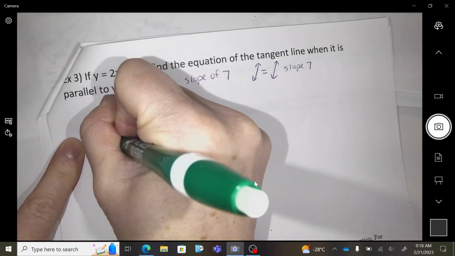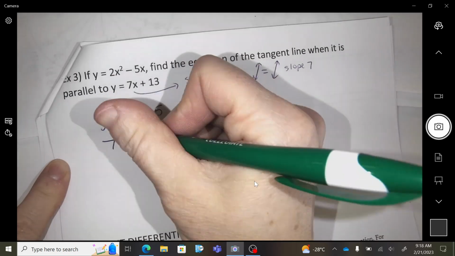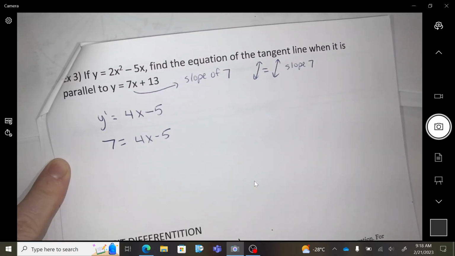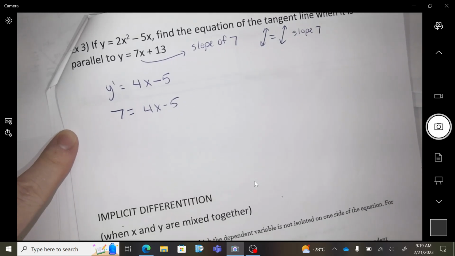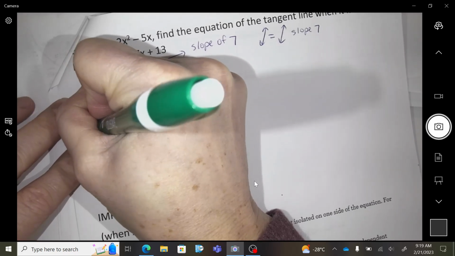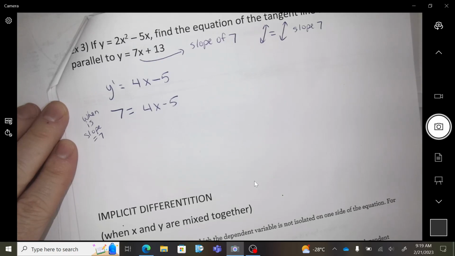I would plug in a 7 for my slope and solve for when does my slope hit 7. Okay, so that's what I'm doing. When is the slope 7?